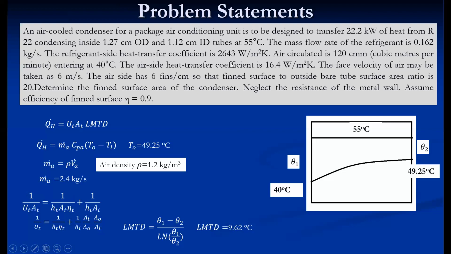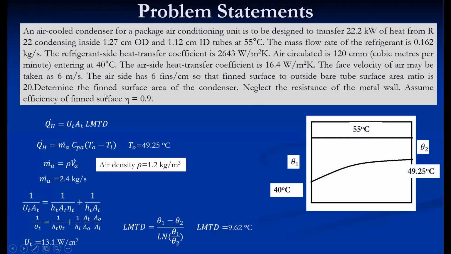Because the diameters are given, generally this heat transfer area is pi DL, but the length is common, so length gets cancelled. So instead of AO by AI, we can write DO by DI. So DO is 1.27, DI is 1.12. So by using this, we can calculate UT, the heat transfer coefficient.